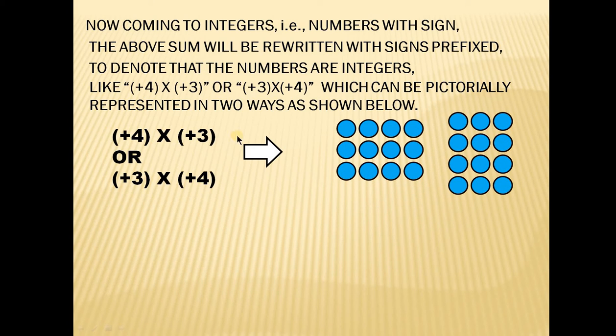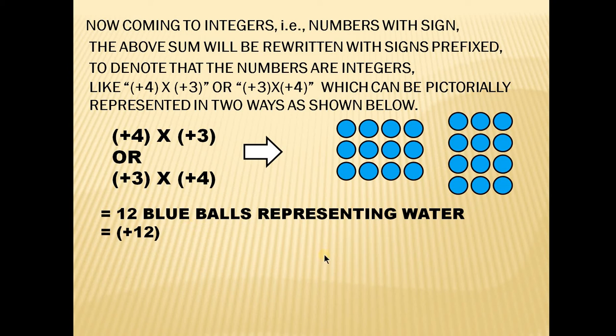It can be 4 3s, meaning 3 rows and in each row there are 4 balls, and 3 4s means 4 rows and there are 3 balls in each row. And you say 12 blue balls representing water. Since it is blue balls, you are prefixing that number 12 with plus.